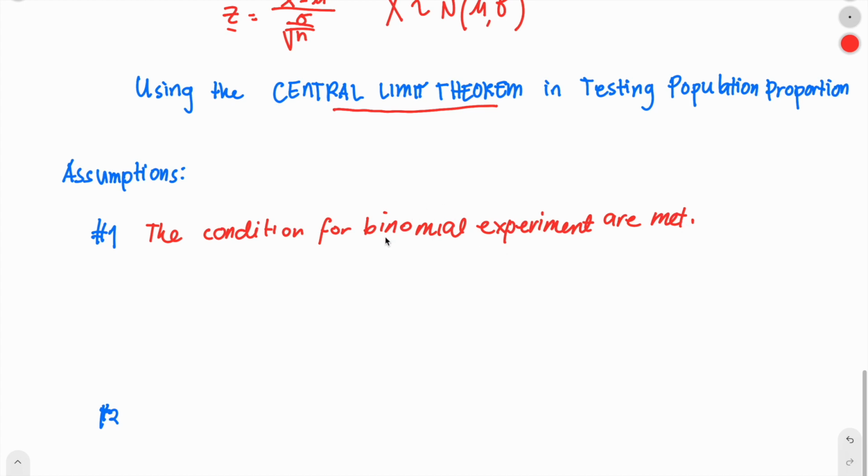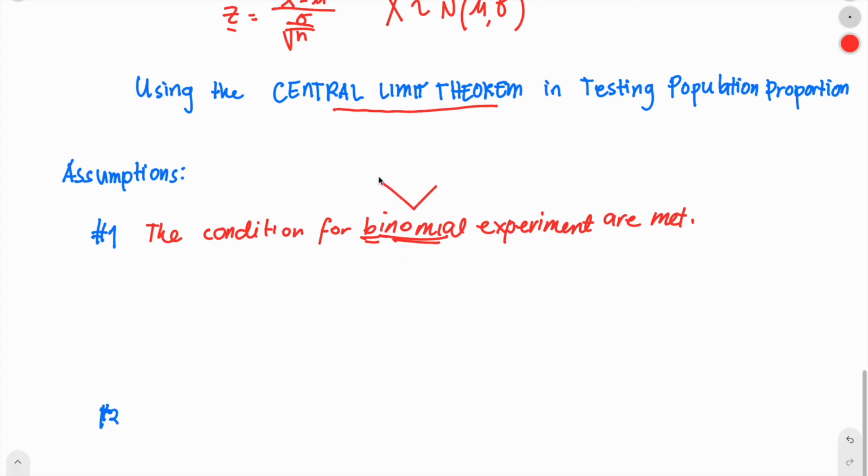So what do we mean by binomial experiment? When you say binomial experiment, assumption number 1 is a must. This should be true in order for us to use the central limit theorem, as well as number 2. Bi means 2.